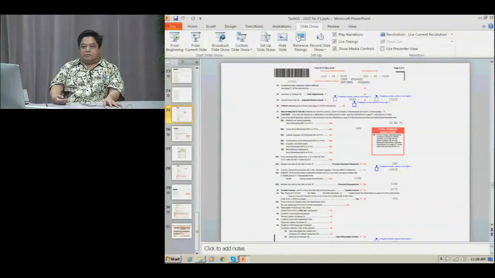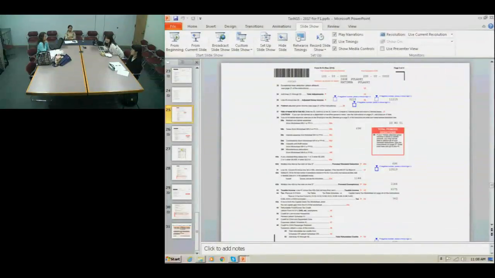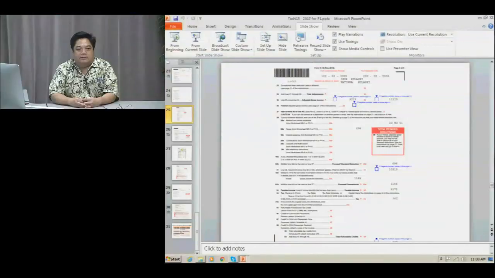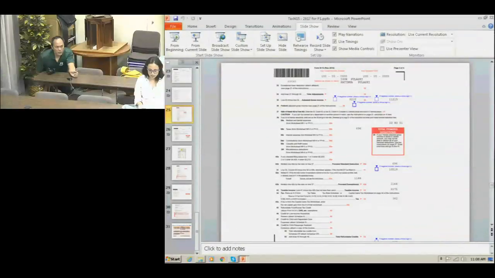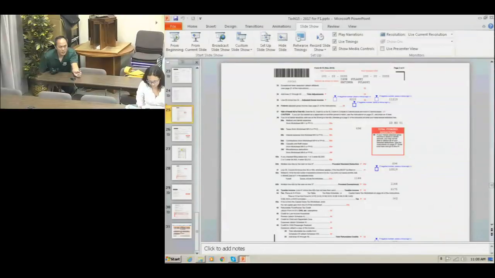Hi, I'm checking the ISS website. Could you tell us where on the website we can check these slides? Viet, can you tell them where? Oh, I don't have the site in front of me, but I believe if you go to the menu at the top, it's under employment, and then it pulls down a menu where it says tax workshop, I believe.